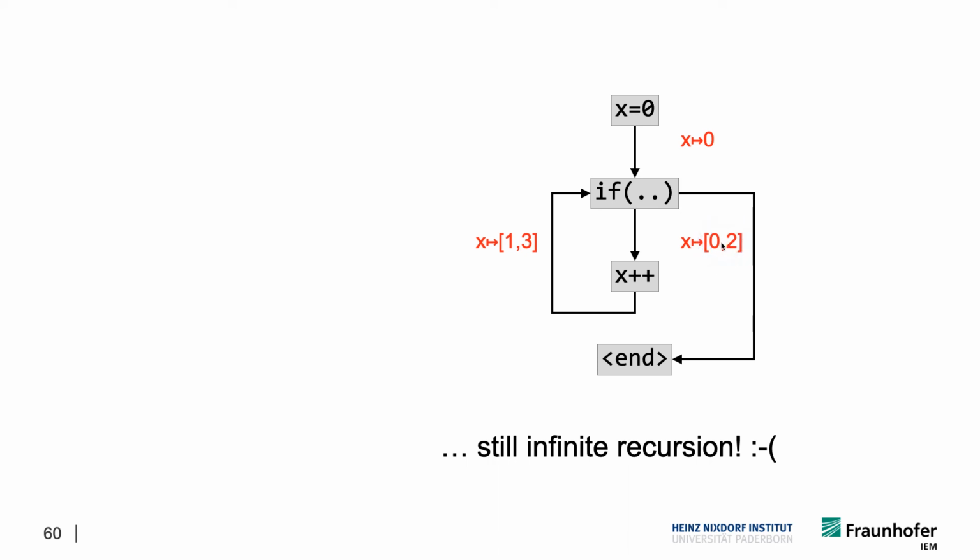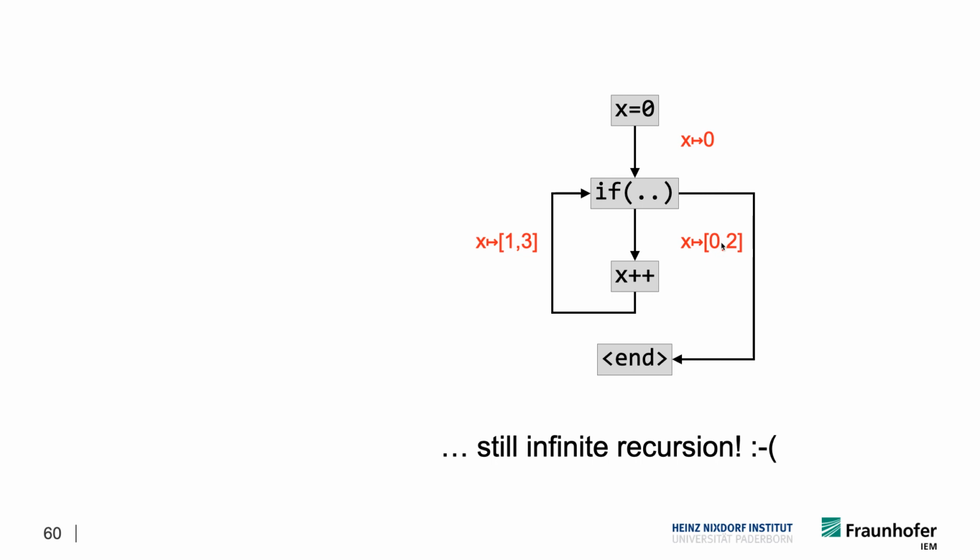This has to do with the fact that this particular lattice that I showed you, the one with the intervals, actually has an infinite height, right? All the other ones I showed you, the powerset lattice, the map lattice, and so on, are finite height lattices, assuming that the sets on which they are constructed are finite.